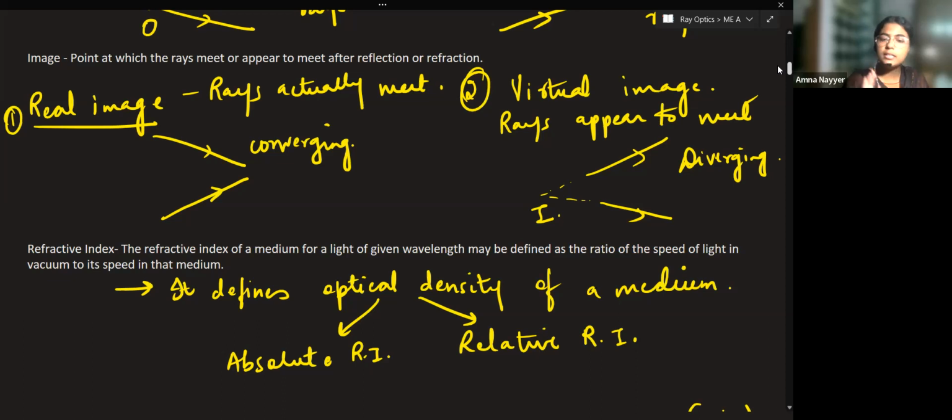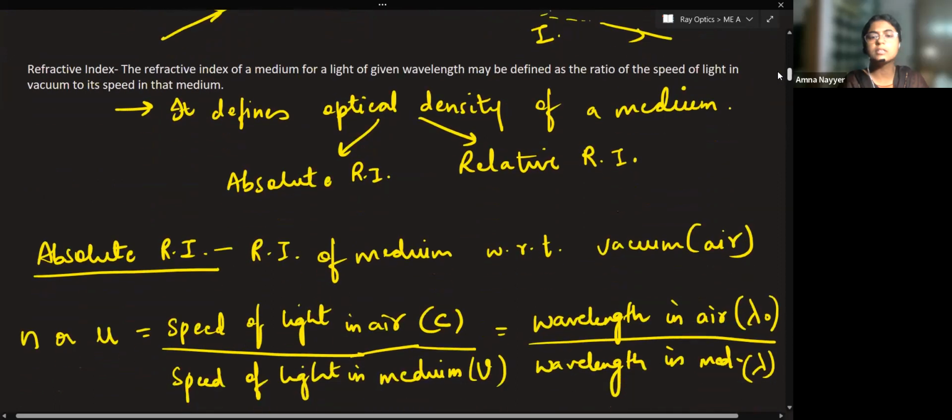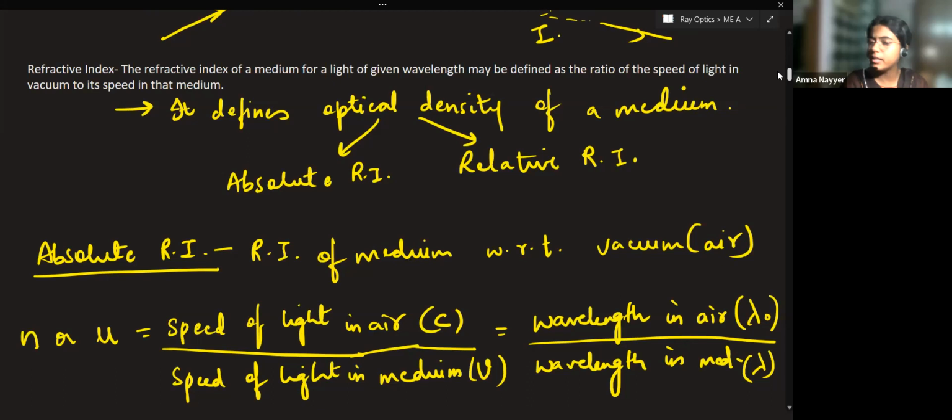Now, what it is mathematically, I have already written it here. Here you can look. Absolute refractive index exists and a relative refractive index. When we are comparing the optical density of the glass with respect to air, or when one medium is compared to air or vacuum, that is absolute.